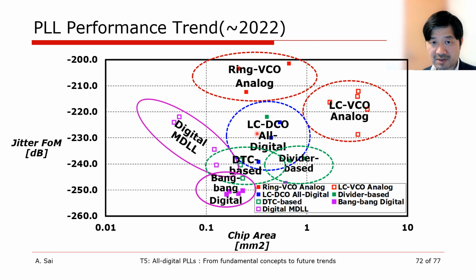Let's plot both the performance trend of the digital PLL and the digital MDLL using a bang-bang phase detector. Although the digital MDLL has an area advantage compared to the bang-bang digital PLL, the jitter FOM still falls short of the bang-bang digital PLL.